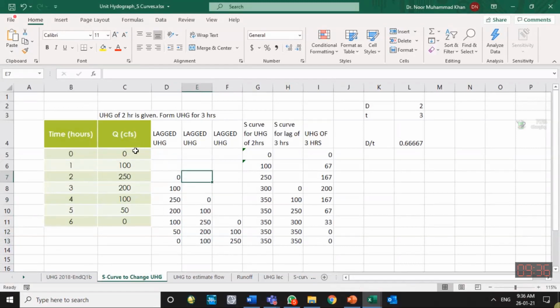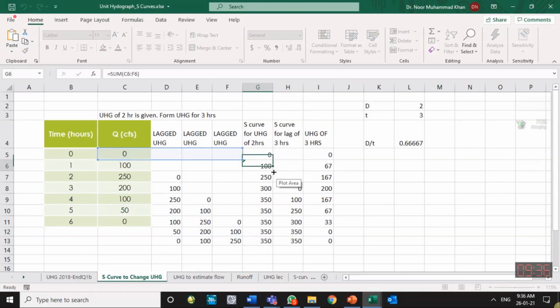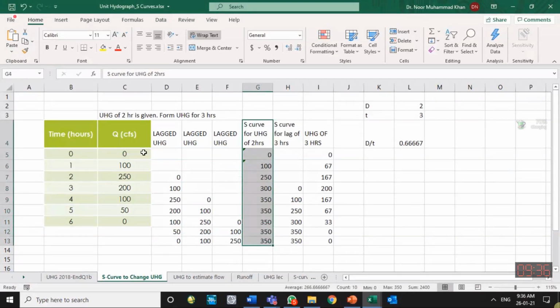You add them together, this is cumulative, and you get the DRO of all these unit hydrographs, the cumulative effect of all of them, and we call this an S-curve. So this is the S-curve of the 2 hour unit hydrograph.